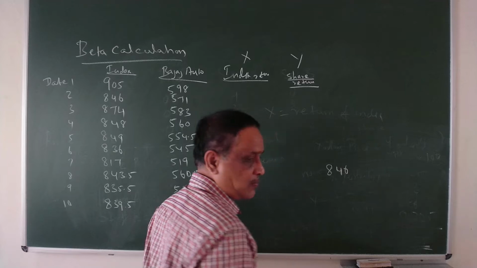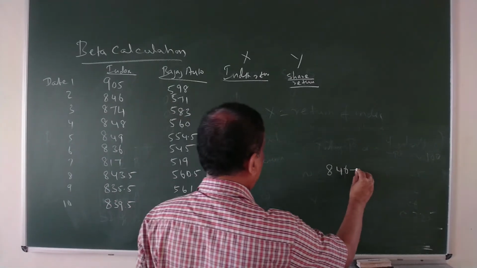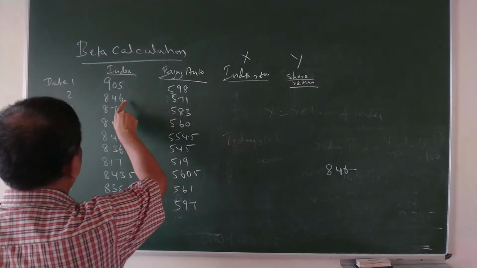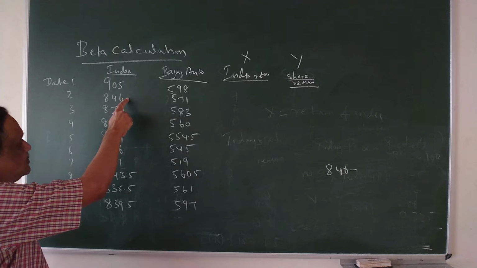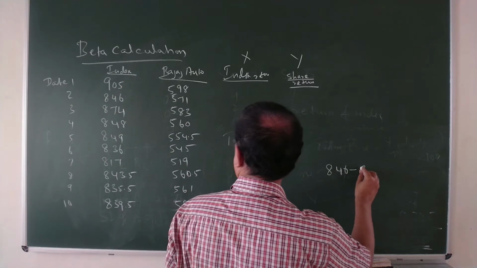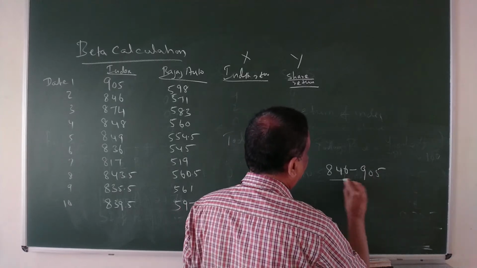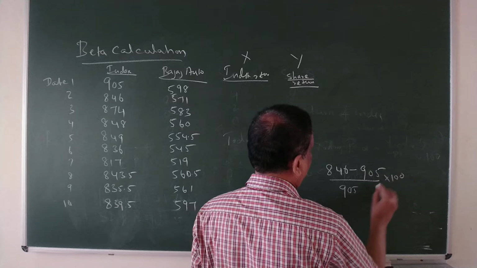First day ignore; on the second day today's price is 846 minus yesterday's price 905, divided by yesterday's price, multiplied by 100.